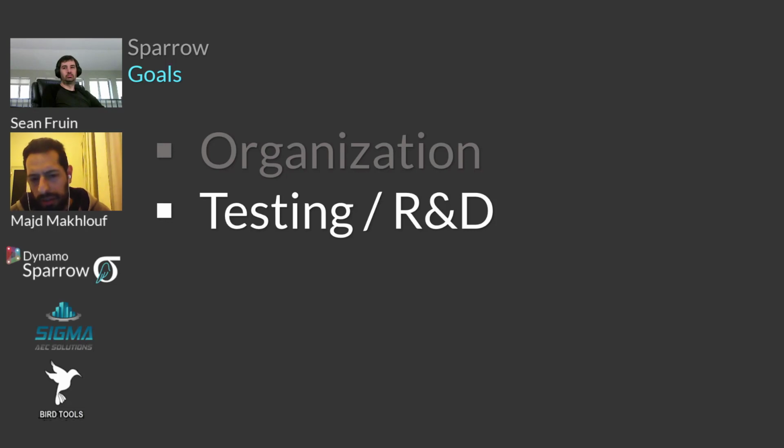Another thing is the R&D part. We're always testing new functionalities that come in with Dynamo every year, and converting them into nodes. We're also testing the connection between the Revit API and the Dynamo API.